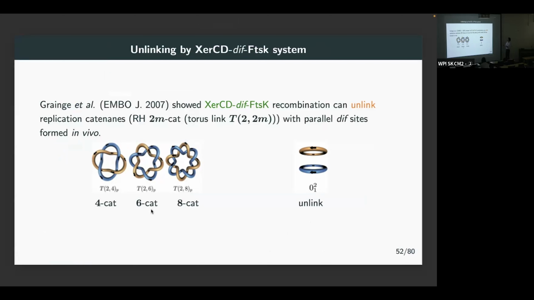It is observed that if there is no topoisomerase, then a different enzymatic action called XerCD-FtsK recombination also unlinks the linked DNA. So they show that if you prepare this link, then this enzyme also unlinks the DNA.